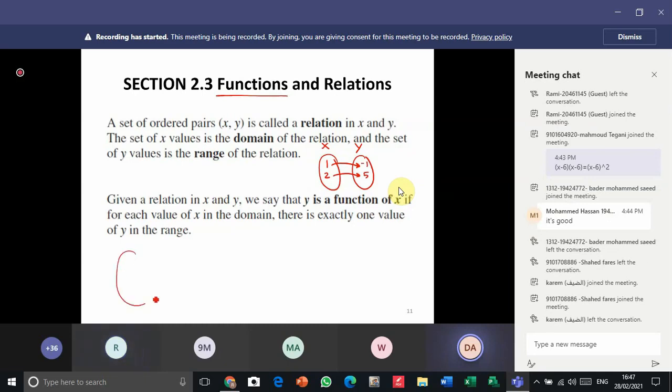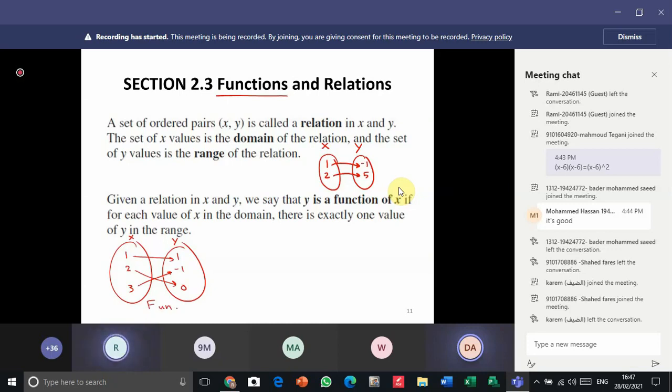For example, if we have 1, 2, 3 and we have 1, -1, 0, this is the x and this is the y. This is a function, yes. Why? Because each value in the x connects to one value in the y. So this is a function.